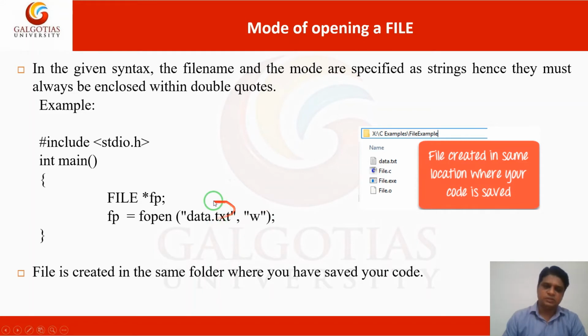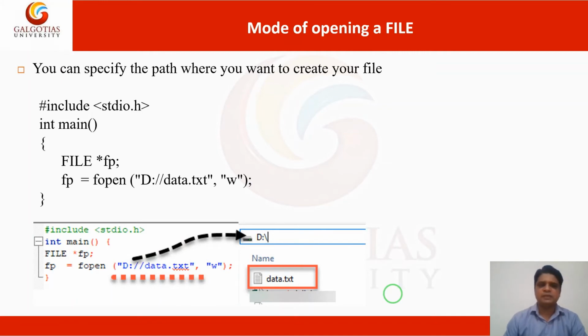With this type of addressing, the file is created in the same location where your code is saved. But if you want to save the file in a different location, you will have to give the proper path for that.